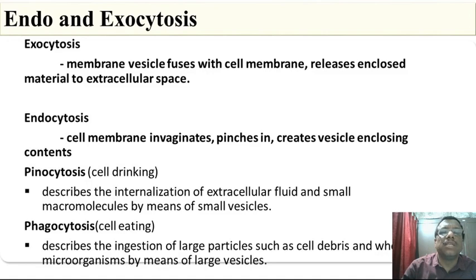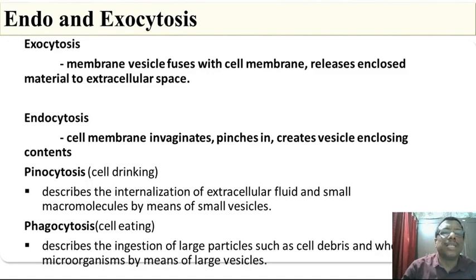So small membrane-bound vesicles are formed which come closer to the cell membrane. Gradually these molecules or substances are released outside the cell into the extracellular space. This process is called exocytosis.